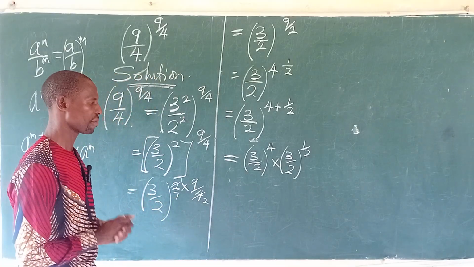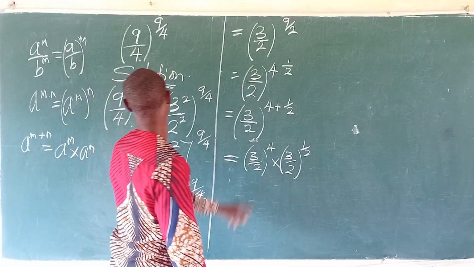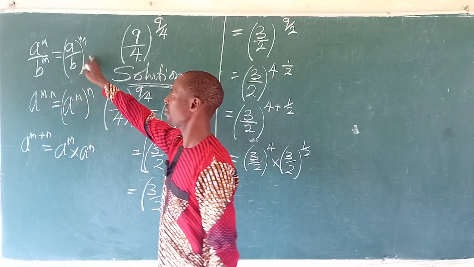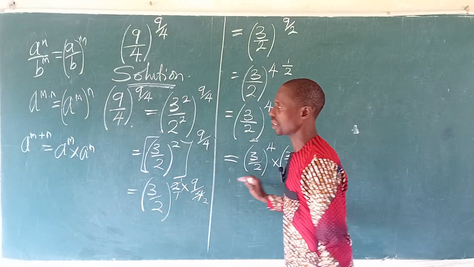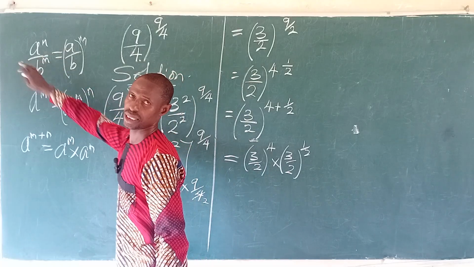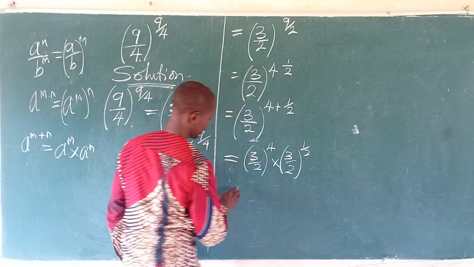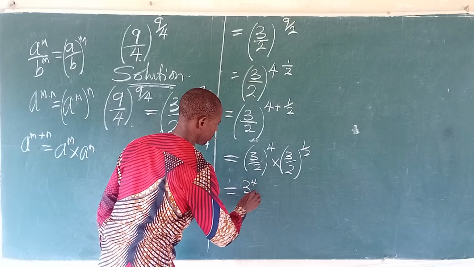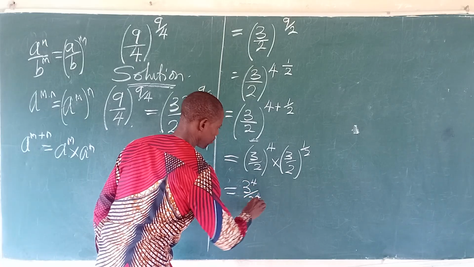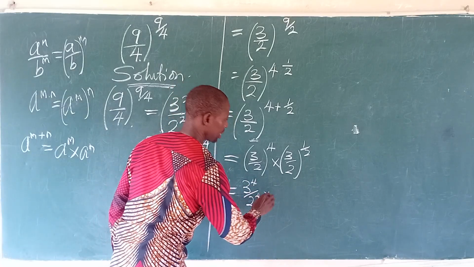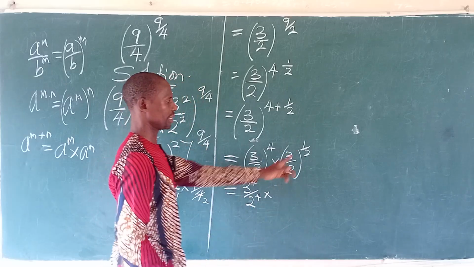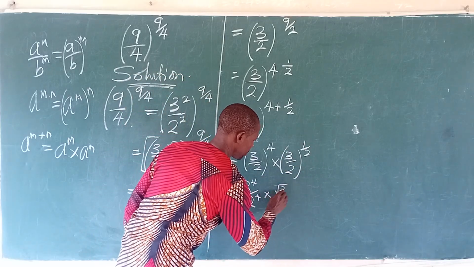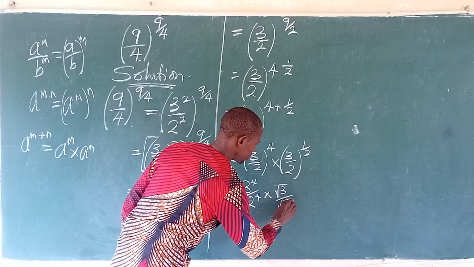Easy. Now, this can also be written in another format. According to this law, this one is in this format, so we can take it back to this. Applying that law, this is going to give us 3 to the power of 4 all over 2 to the power of 4, times, this is a radical, so we can rewrite this as square root of 3 all over square root of 2.